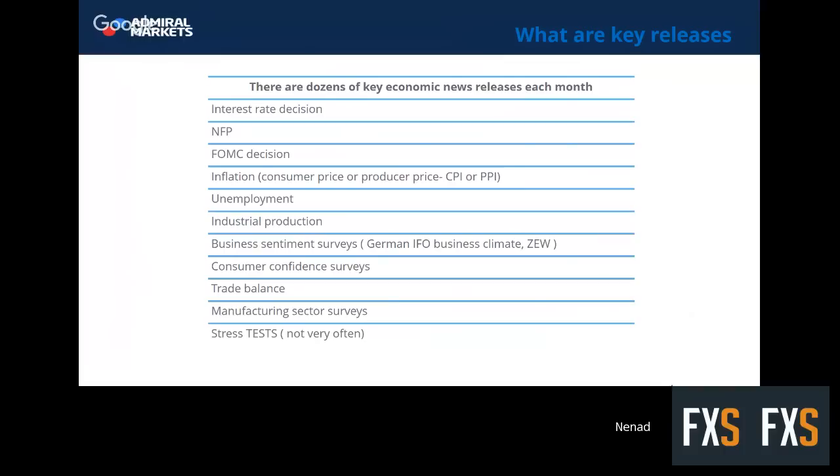Don't forget that in Europe, Germany is the leader, so German news has the most impact on the Forex market, especially Euro currencies and the Euro currency basket. Consumer confidence surveys, trade balance, manufacturing sector surveys.